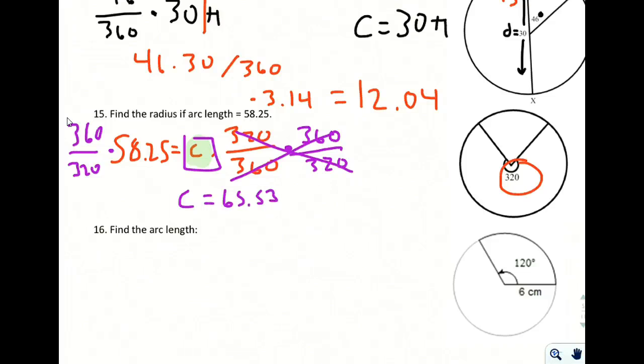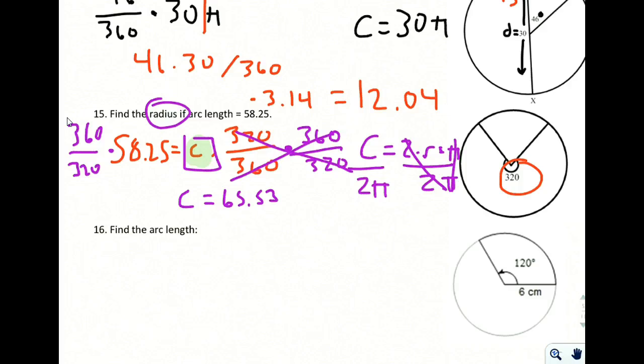Now, why is that useful? Because we want the radius. Well, conveniently we have a way to get the radius once we know the circumference. We know that the circumference is 2 times the radius times pi. So if we know that and we want to get radius by itself, we would take the circumference divided by 2, divided by pi. And that would leave us the radius alone.